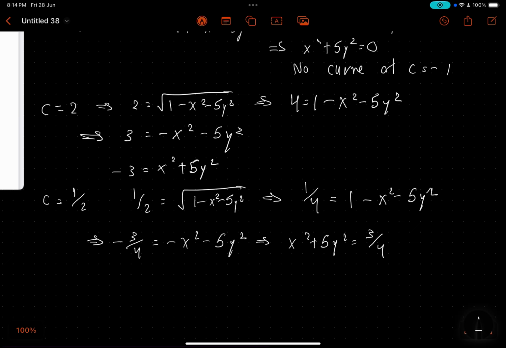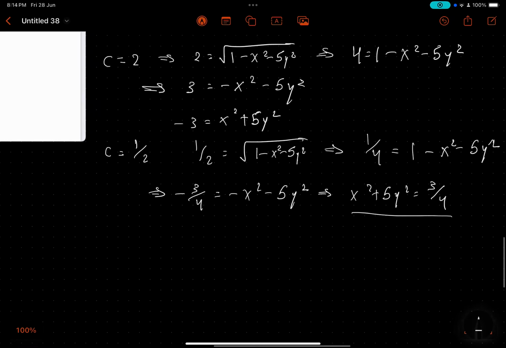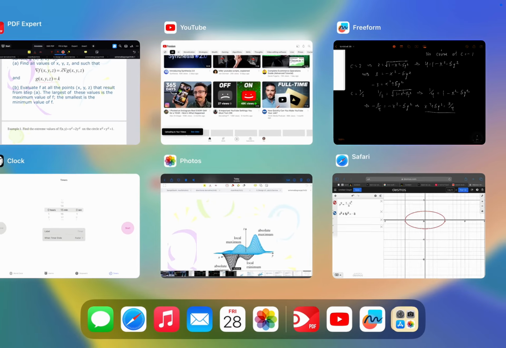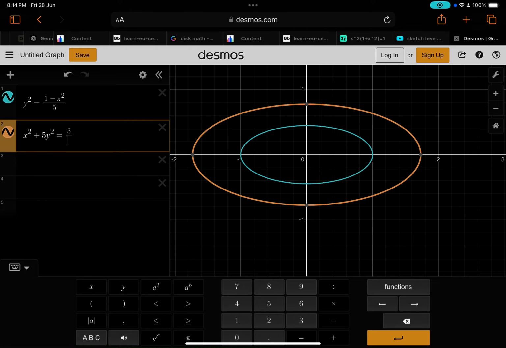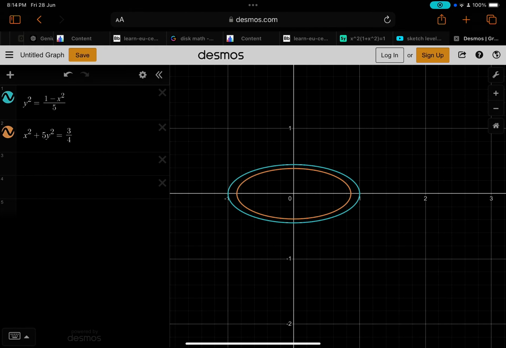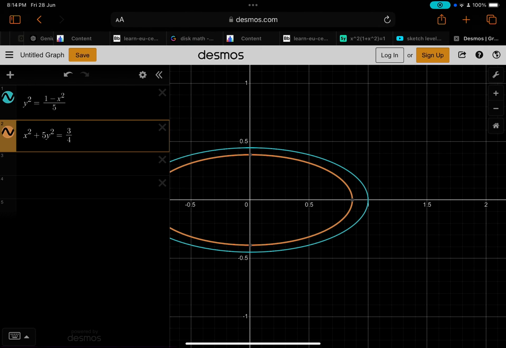And this is an ellipse. This is for sure an ellipse, whose radius is not going to be 3 over 4, it's going to be the square root of 3 over 4, if I'm not wrong. Now 3 over 4 is not 0.66, 3 over 4 is 0.75. As you can see, the intersection with the x-axis is about 0.8.